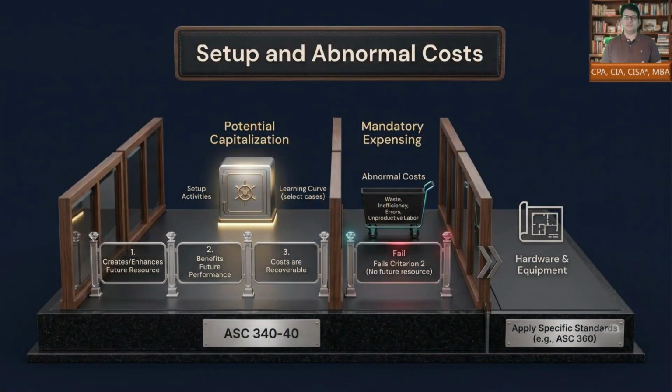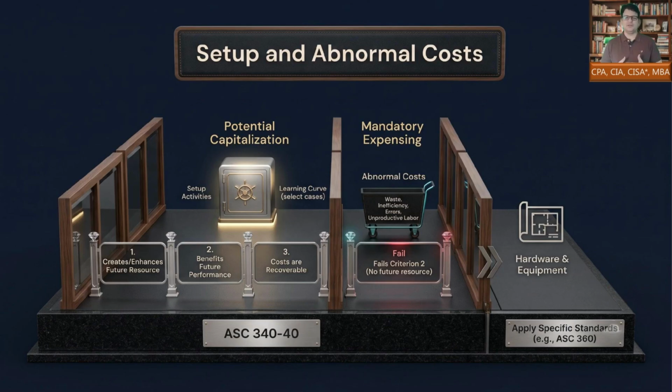Setup and implementation costs can require serious judgment. Some setup activities create resources that help the entity satisfy future performance obligations, and those may qualify if no other standard applies. Learning curve costs must be assessed carefully because some early inefficiency may support future performance, but not every learning cost is an asset.